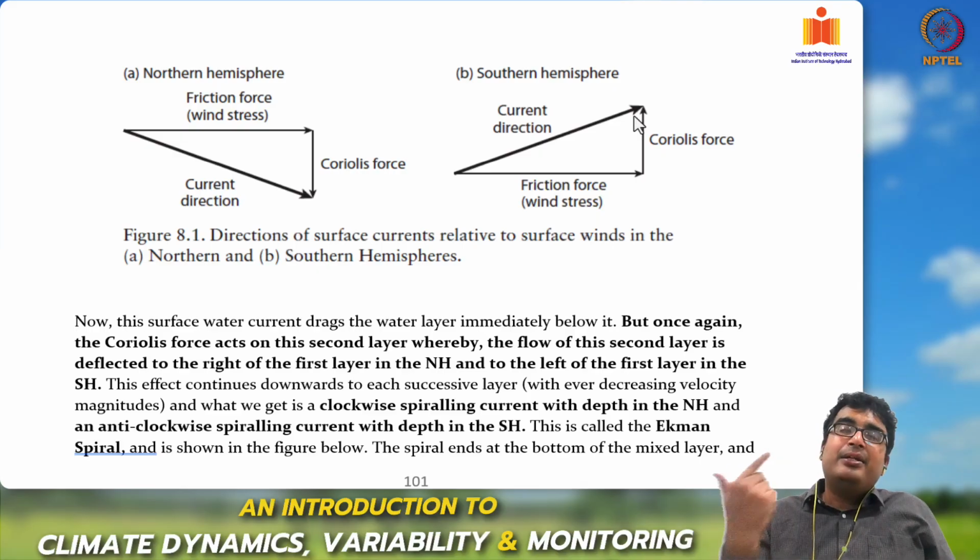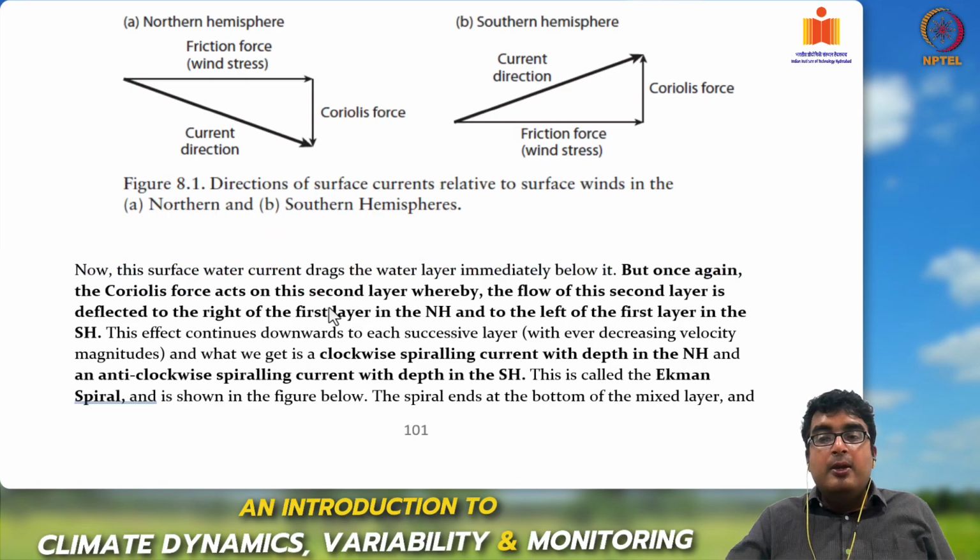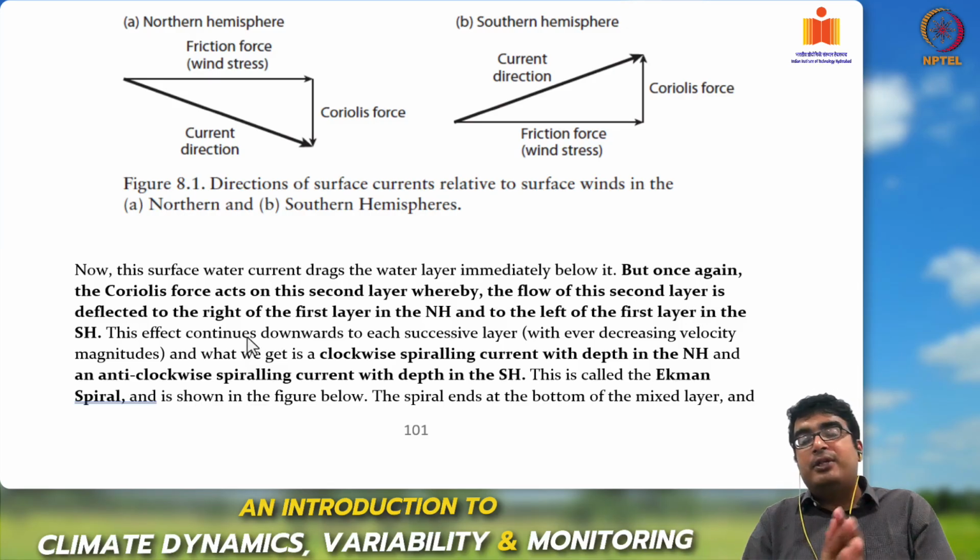But again, due to the Coriolis force, because now the layer below the surface also has this direction, it will find a Coriolis force that will shift it further rightwards in the northern hemisphere and further leftwards in the southern hemisphere. Once again, the Coriolis force acts on the second layer, whereby the flow of the second layer is deflected to the right of the first layer.